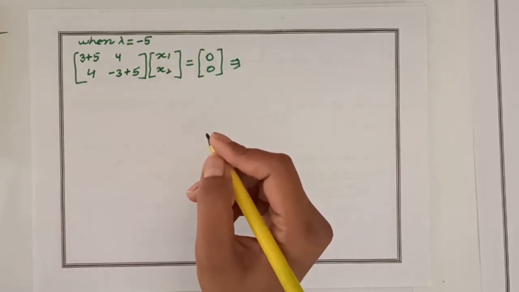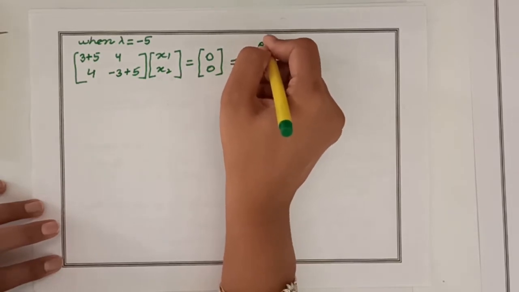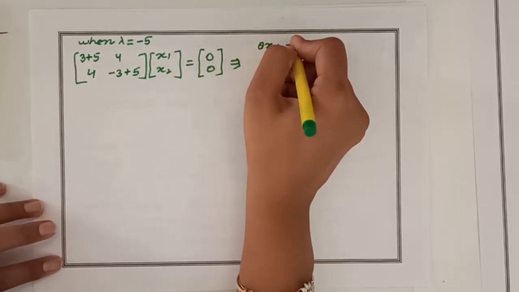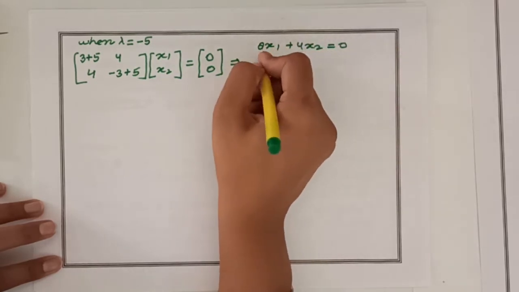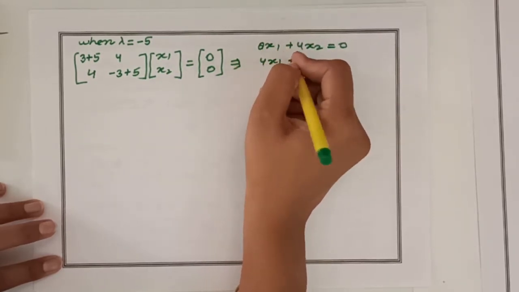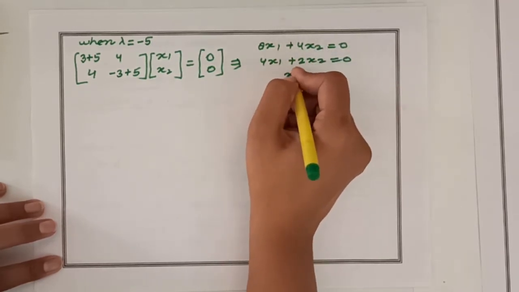Simplify to get the values of x1 and x2. From here, you will get two equations, 8x1 plus 4x2 is equal to 0, 4x1 plus 2x2 is 0.